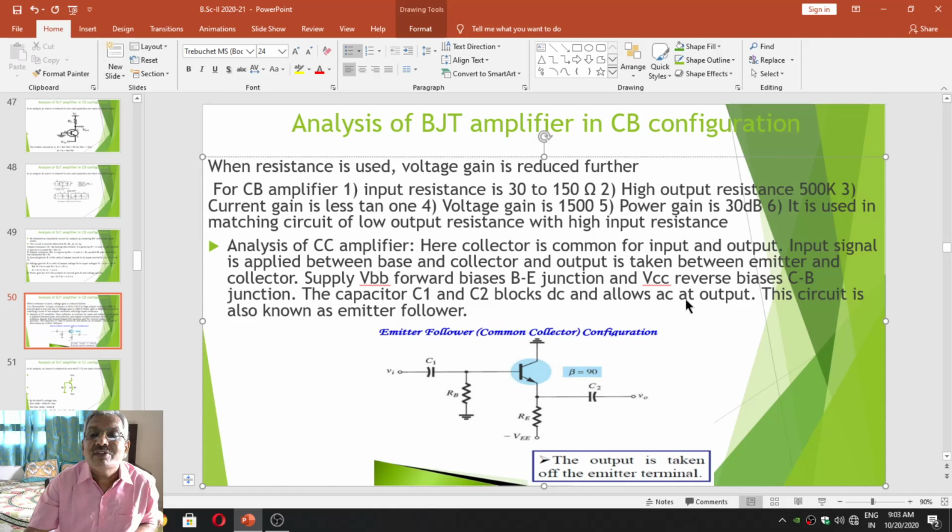This circuit is also known as emitter follower circuit. Friends, here the role of VBB and VCC is played by VEE. Role of both VBB and VCC will be played by a single supply voltage, that is VEE, connected to the emitter terminal.